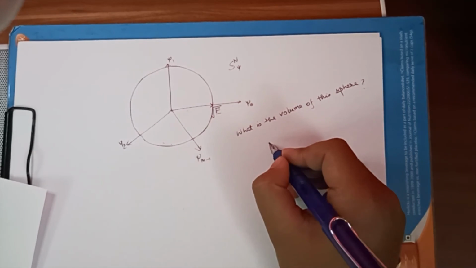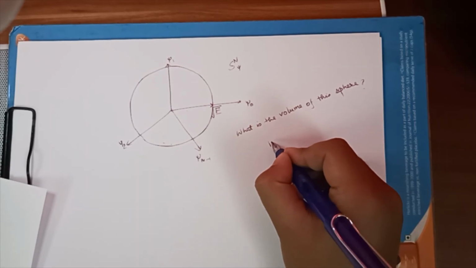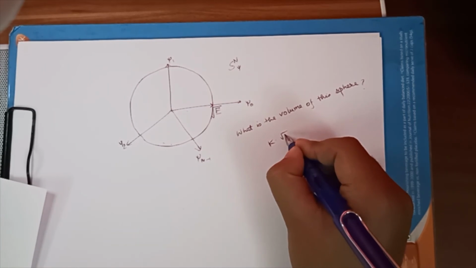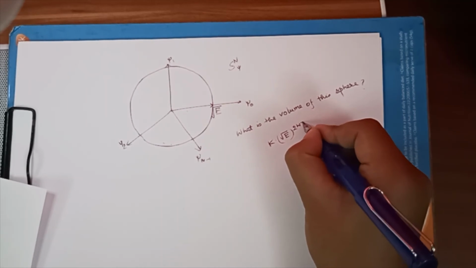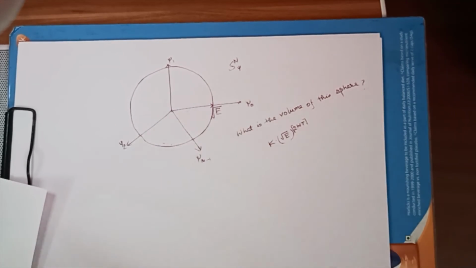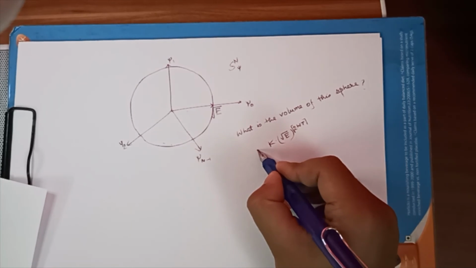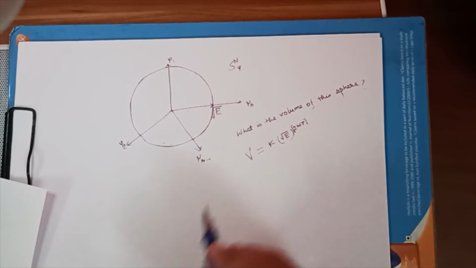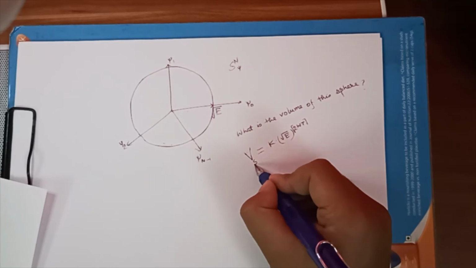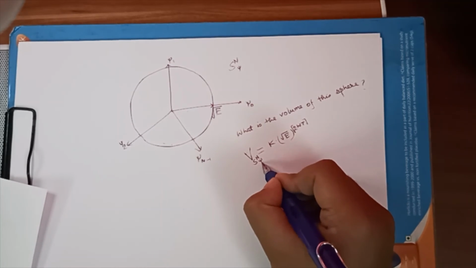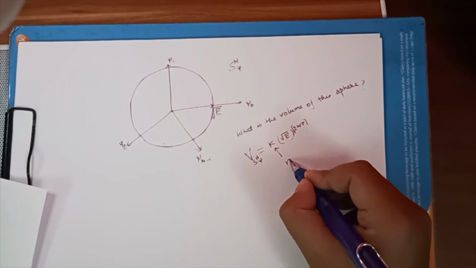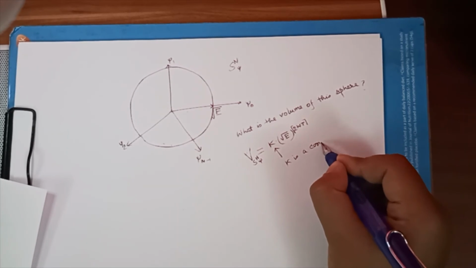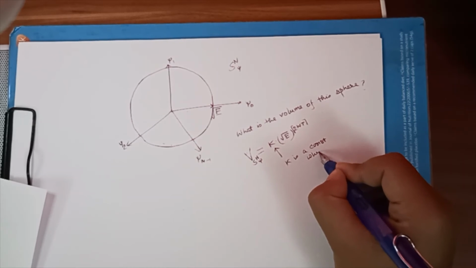We know this will be some constant k into root E whole to the power n, which is 2WT. Isn't it? That is the volume, say V of Sn psi. This k depends on the dimension. K is a constant which depends on dimension.